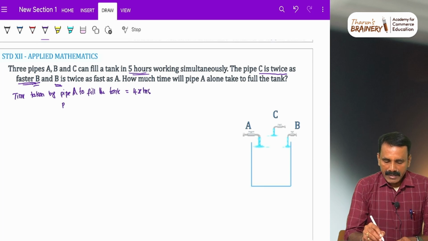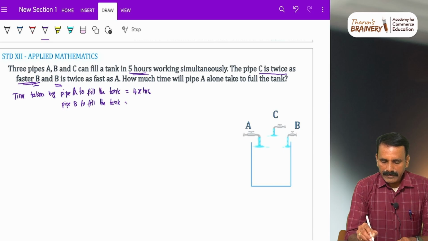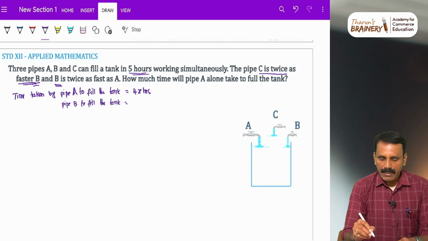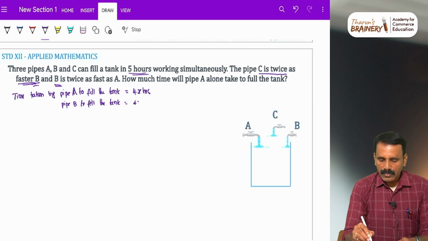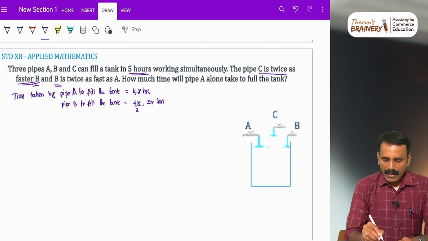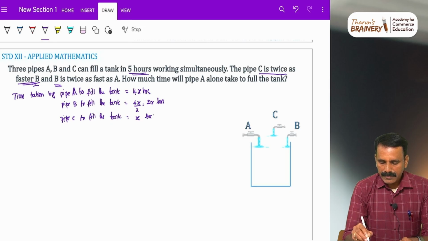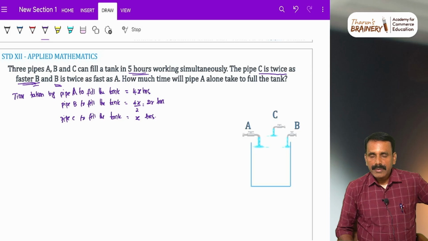Then pipe B will take half the time only, okay, because it is twice as fast as pipe A. So, it takes half the time only. So, it is 4x divided by 2, which is nothing but 2x hours. And pipe C to fill the tank takes time only x hours. Is it clear?